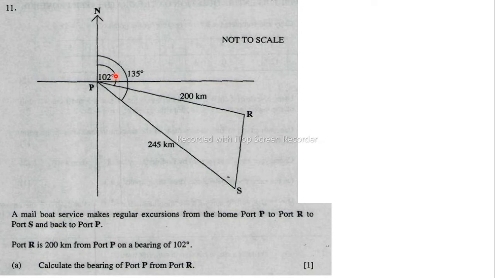Now we could say that the bearing of port S from port P is what? How many degrees? The bearing of port S from port P is how many degrees? Hello? Anyone?